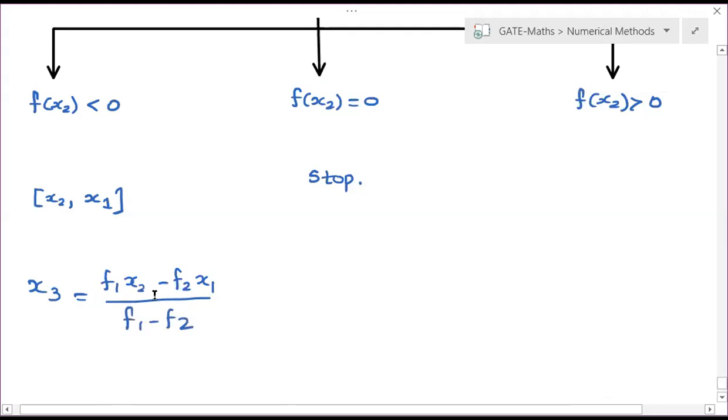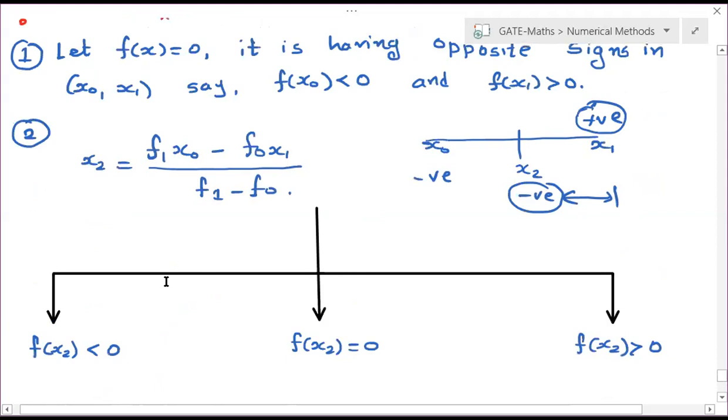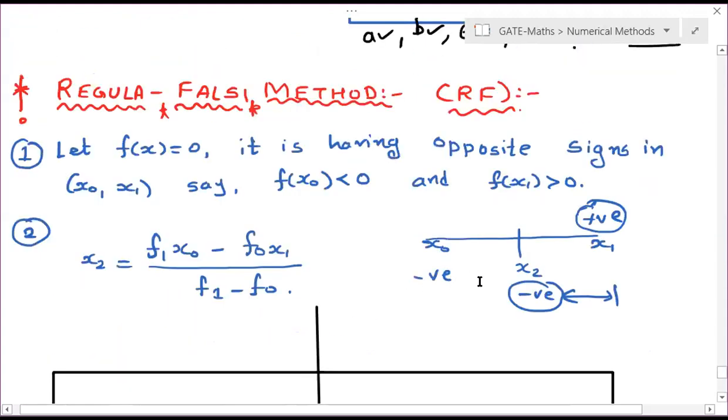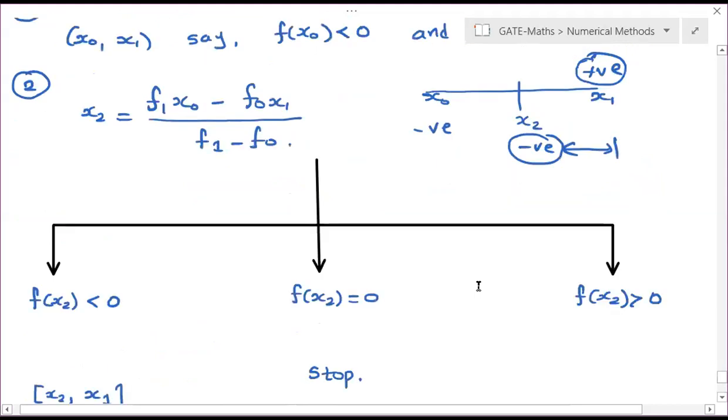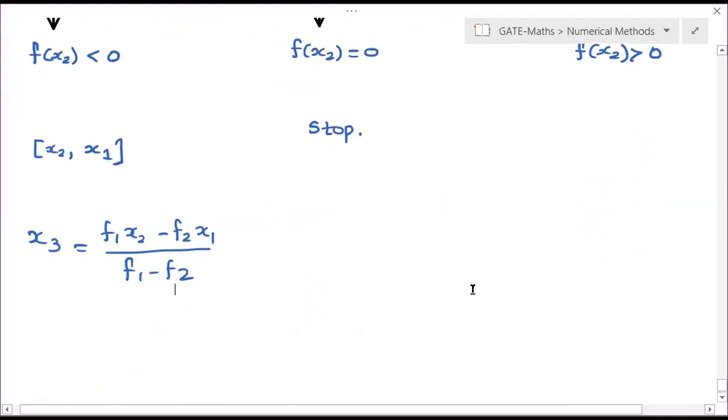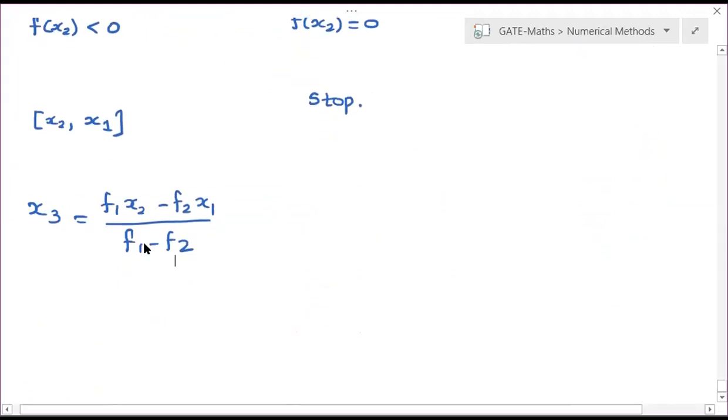Earlier it was f1 minus f0. Yes, f1 minus f2. I will give you a shortcut to remember this as well.